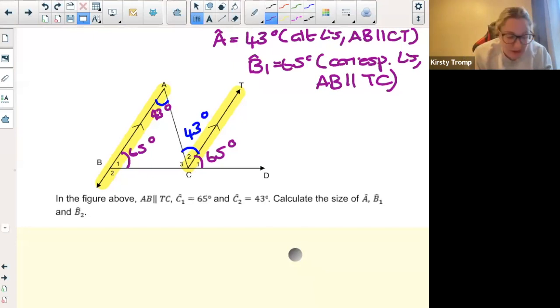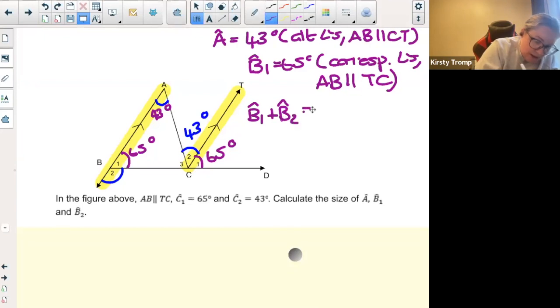And finally, the last angle that I have to find is this angle over here, angle B2. Well, what do I notice about angle B2? Angle B2 and angle B1 are lying on a straight line, which means that angle B1 plus angle B2 will be equal to 180 degrees, because the angles that lie on a straight line are equal to 180 degrees.